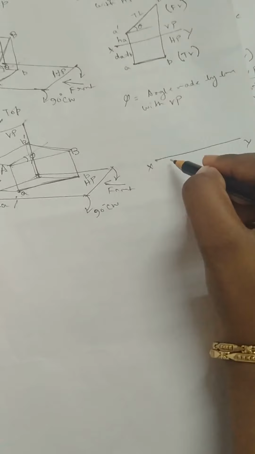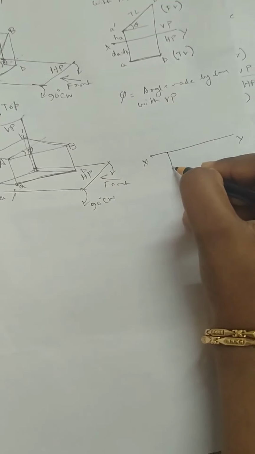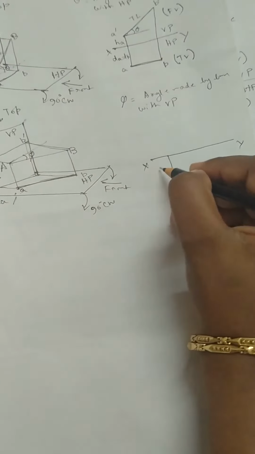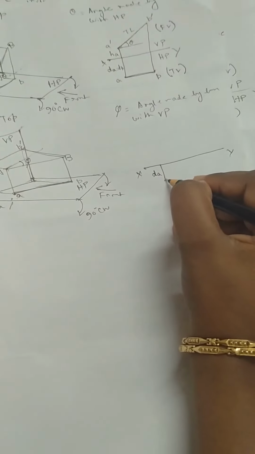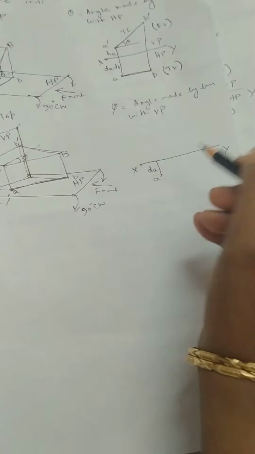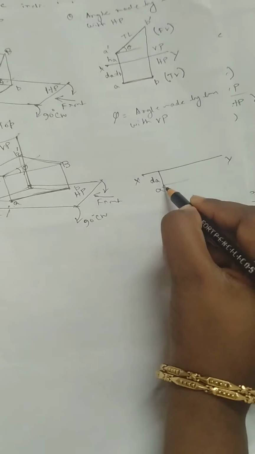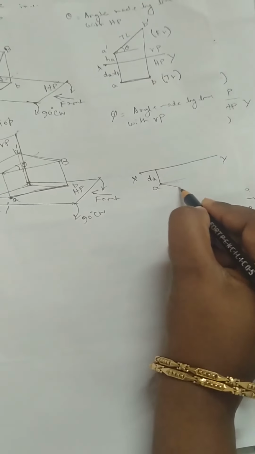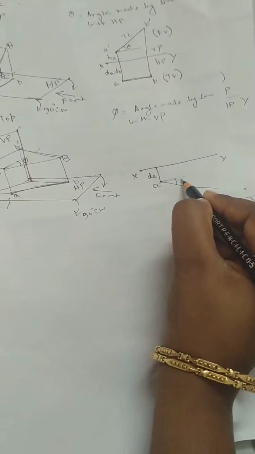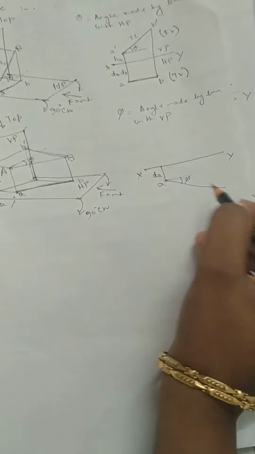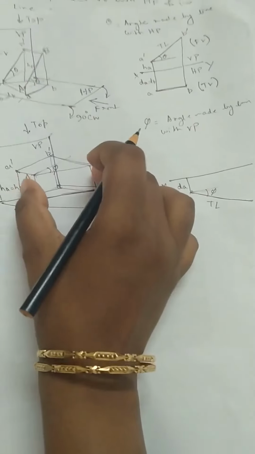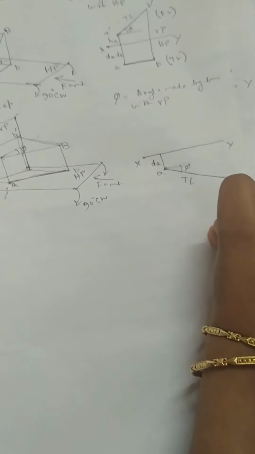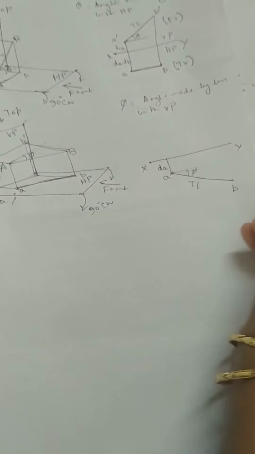So we will first measure DA point. We get A point here and this angle will be theta, and if we extend, this is the true length, the length of AB, and we will get our B point.